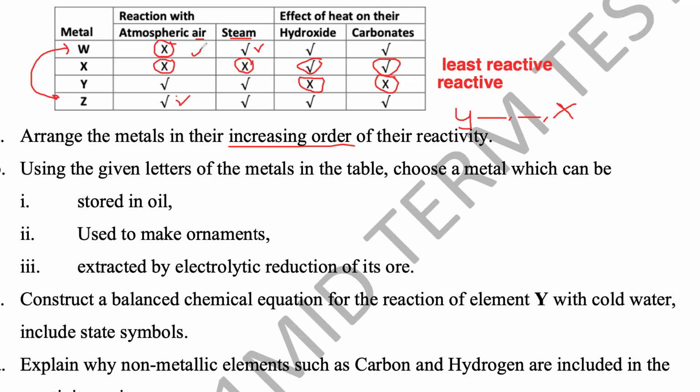Look at W. W can't react with air, and yet Z can react with air. Which one is more reactive between the two? Z is more reactive. So after Y, we're going to have Z, then W is coming later.